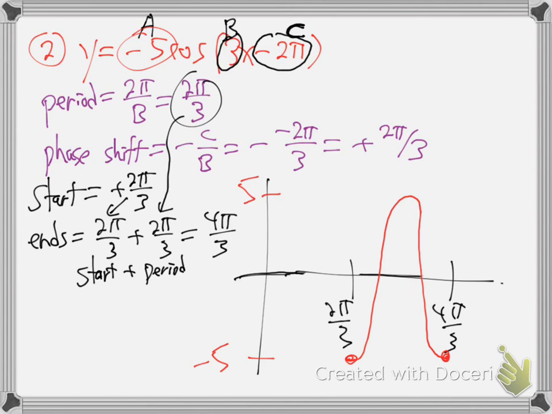I have a question. So where it says end, say it was negative 2 pi over 3. Would it be 0 then? Okay, give me which start you mean and which end you mean.